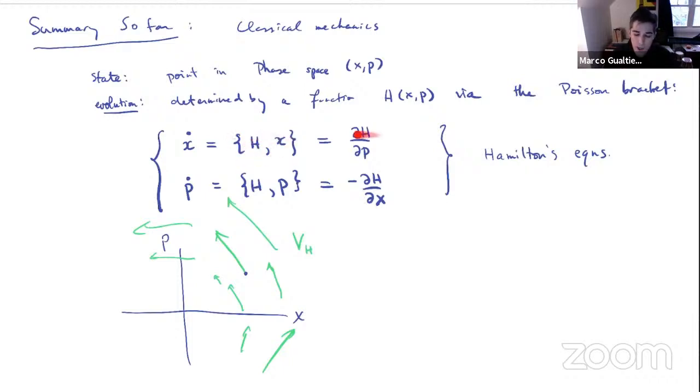And if we write it explicitly, it's just the derivatives of h with respect to p.